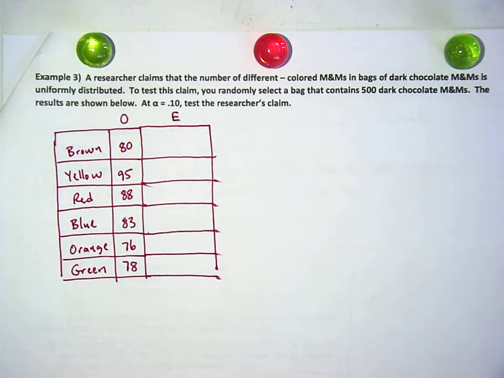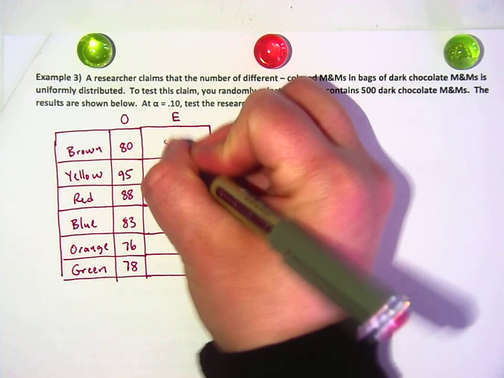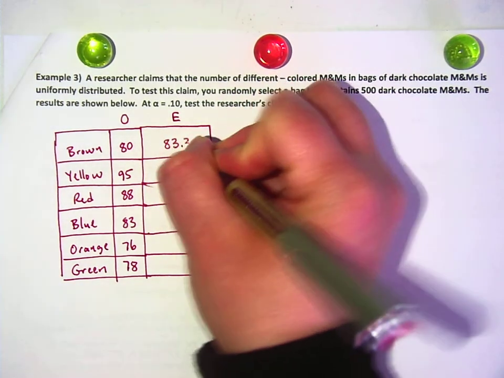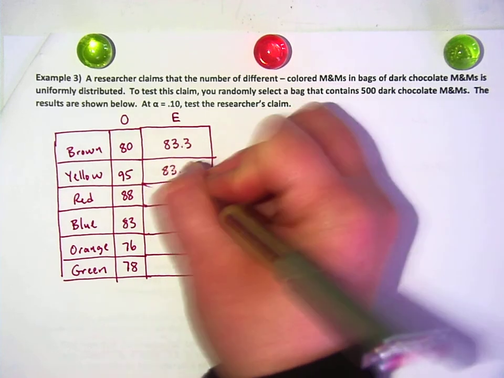What does that mean? Anybody remember what the word uniform means in statistics? Same, right? The same for all of them. So if we take 500 and divide by 6, you should get about 83.3, which we're going to keep as 83.3.